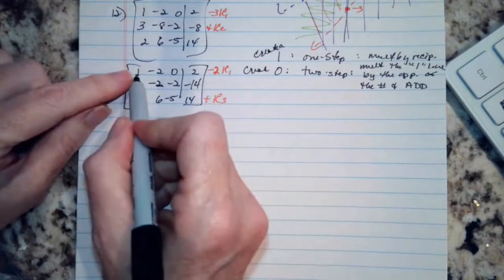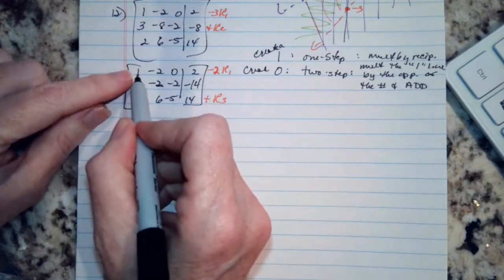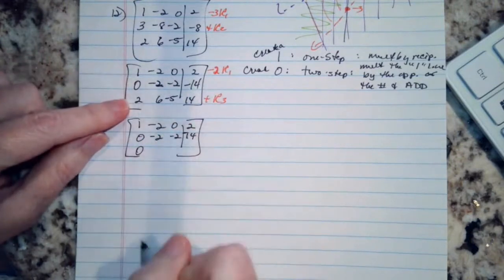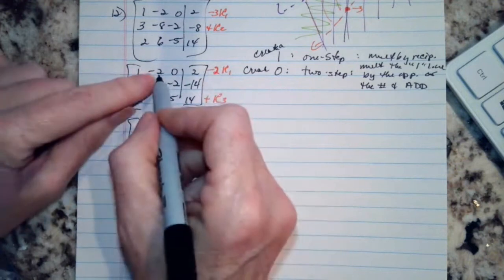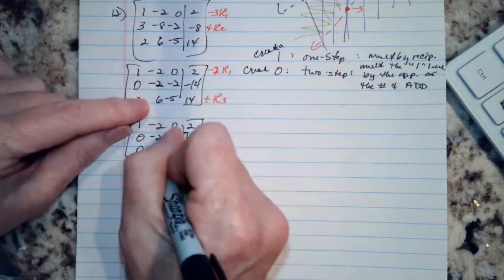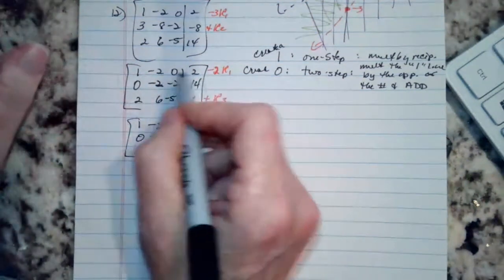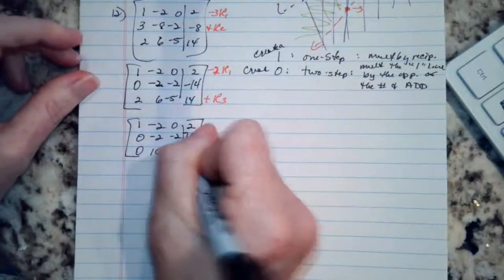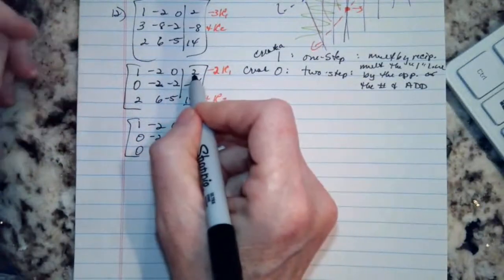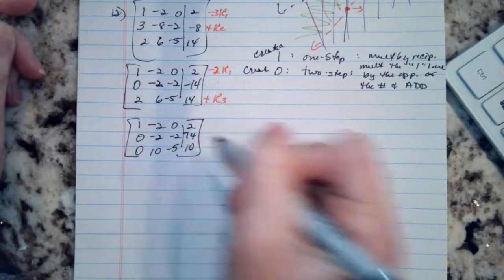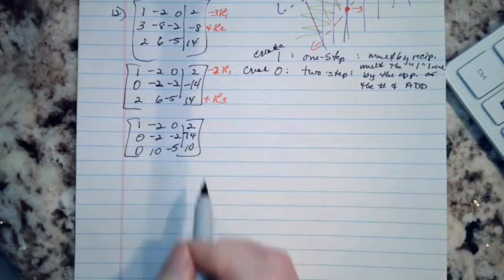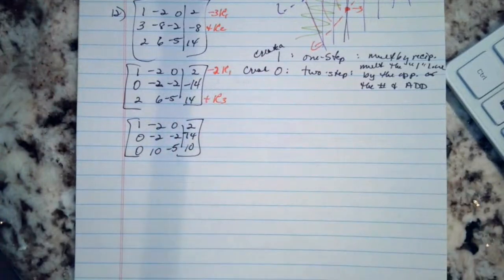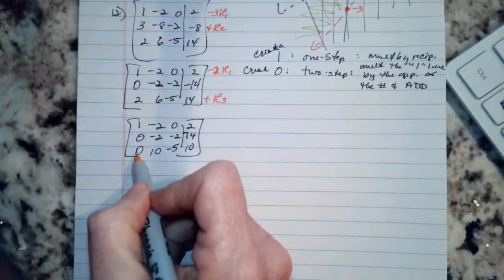So -2 times 1 is a -2, plus 2 gives us a 0, yay. -2 times -2 is 4, 4 and 6 give you 10. -2 times 0 is nothing. -2 times 2 is -4. -4 plus 14 will give us 10. Okay, so we've got 1, 0, 0.